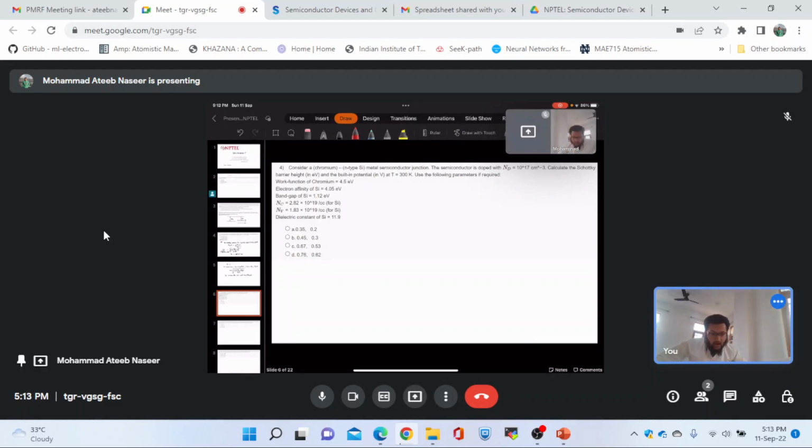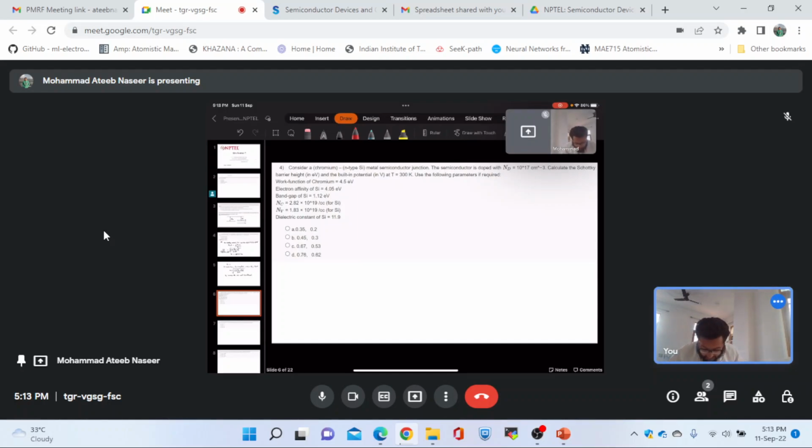We have been asked to find the Schottky barrier height and the built-in potential. Here we have been given the electron affinity values and the band gap of silicon, so the material is silicon. We have been given the effective density of states at the conduction band edge and the valence band edge, and also the dielectric constant for silicon, which is 11.9.